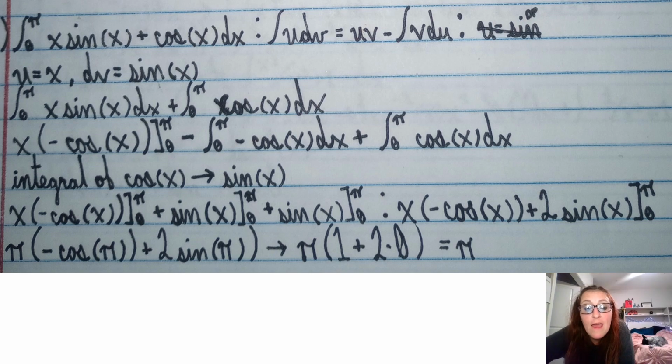Integral of cosine x is sine x. x times negative cosine x from 0 to pi plus sine x from 0 to pi plus sine x from 0 to pi gives us x times negative cosine x plus 2 sine x from 0 to pi. Pi times negative cosine pi plus 2 sine pi gives us pi times 1 plus 2 times 0, which equals pi.